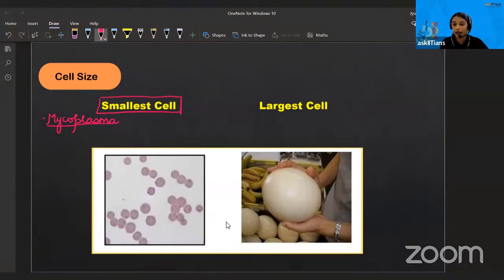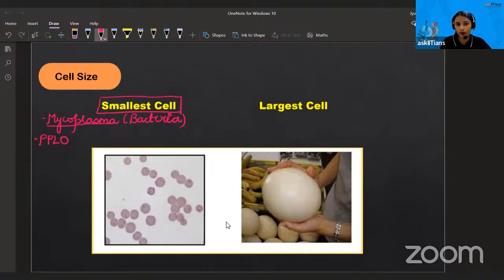And this mycoplasma is nothing but a type of bacteria. And this mycoplasma is also known as PPLO.